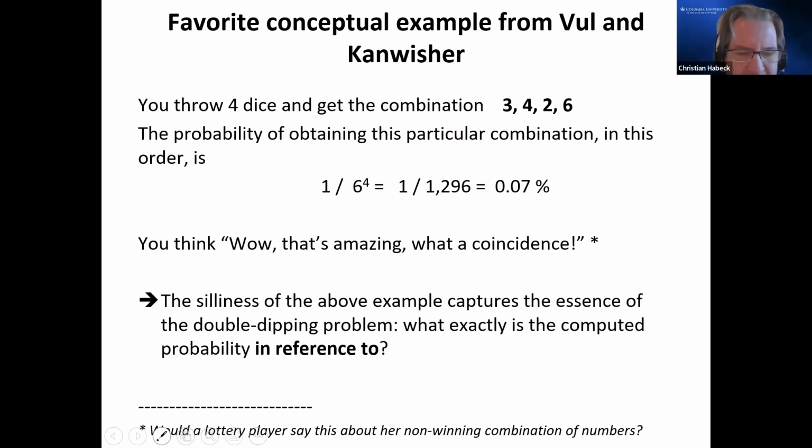So, one way to think about it is just imagine you play the lottery, and would you be very surprised by the non-winning combination of numbers? In other words, your number doesn't win, somebody else's number wins. Would you show the same astonishment, right? So, in other words, this formula only makes sense if there's an a priori prediction, right?